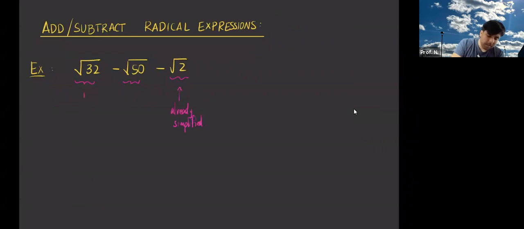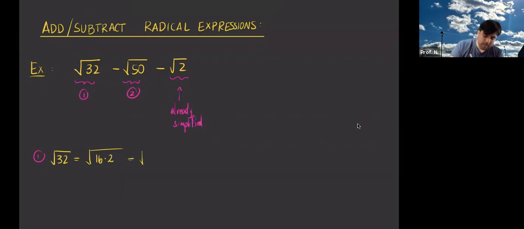So if you look at number one, rad 32, you have to ask yourself, what two numbers multiply to 32, where one of those numbers is a perfect square? And so the highest perfect square that divides 32 is 16. So I can write this as 16 times 2 because 16 times 2 is 32.